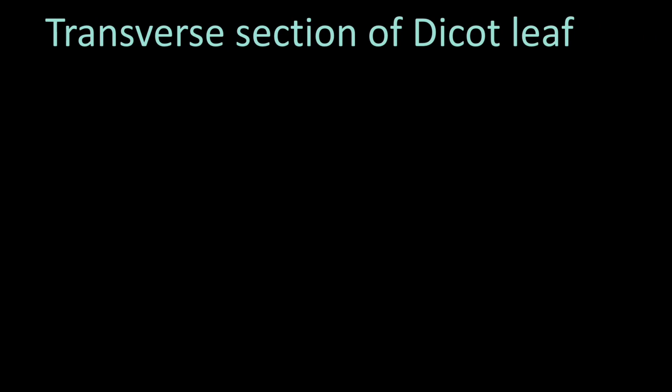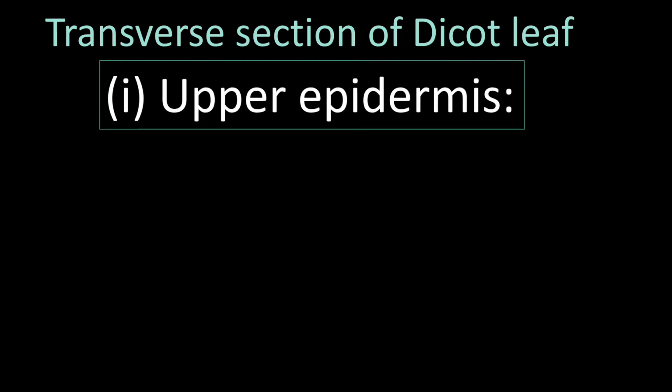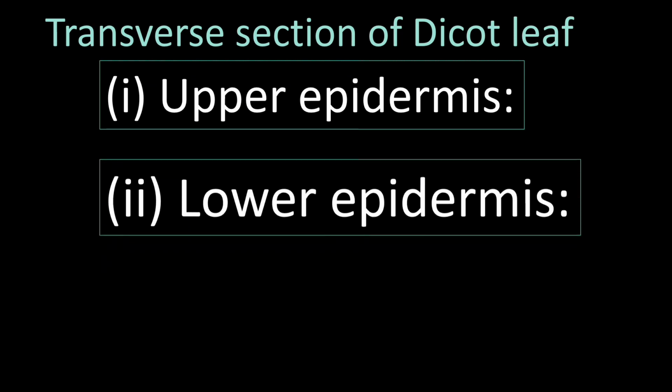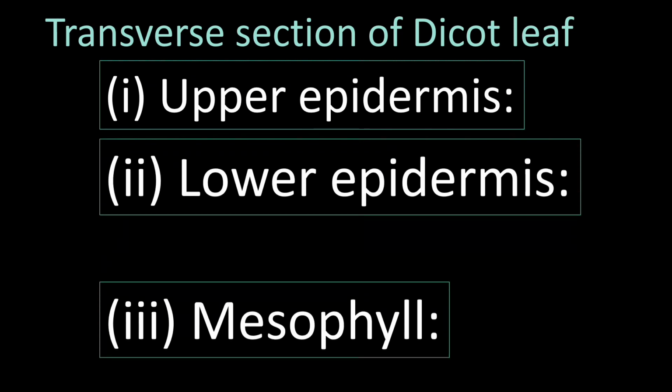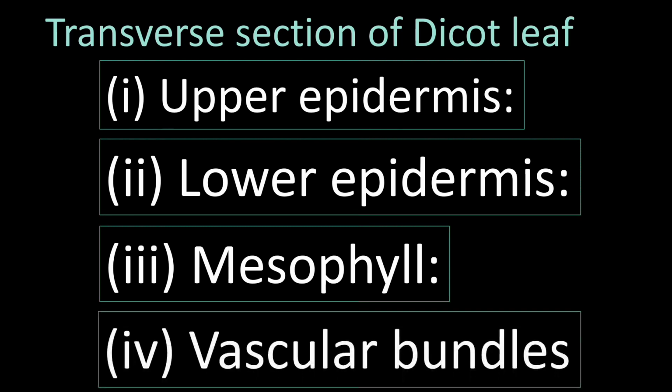I had already explained what a transverse section is. Transverse section means cross section. The transverse section of the leaf shows the following parts: upper epidermis, lower epidermis, mesophyll and vascular bundles.